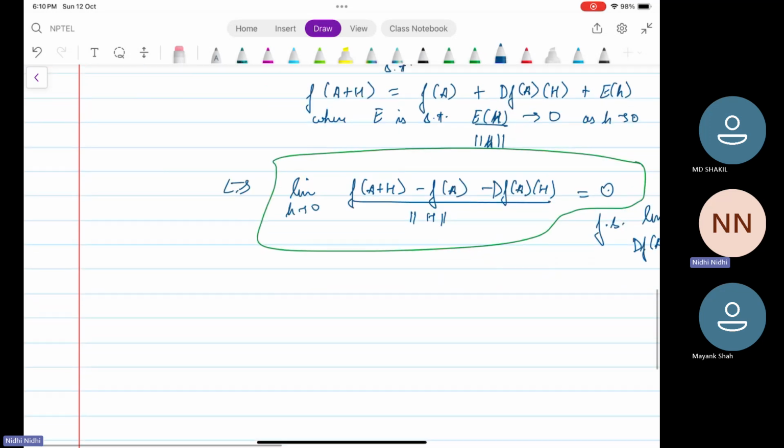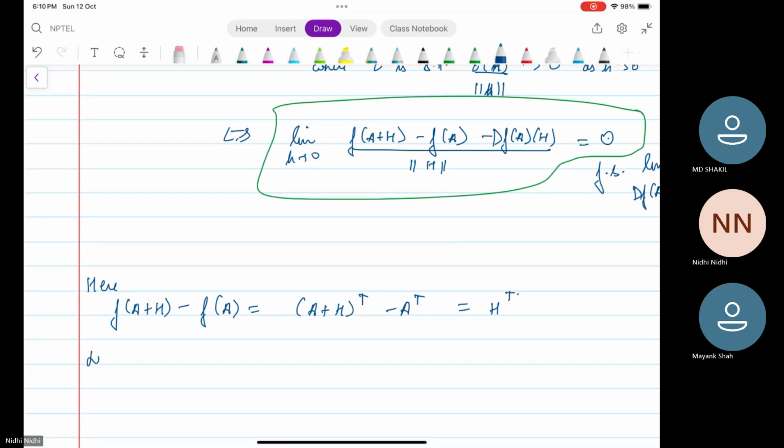See here, f of a plus h minus f of a is nothing but (a plus h) transpose minus a transpose, which is eventually h transpose. So if I define dfa from R^(n²) to R^(n²) such that dfa maps any h to its transpose, which is basically the same function.